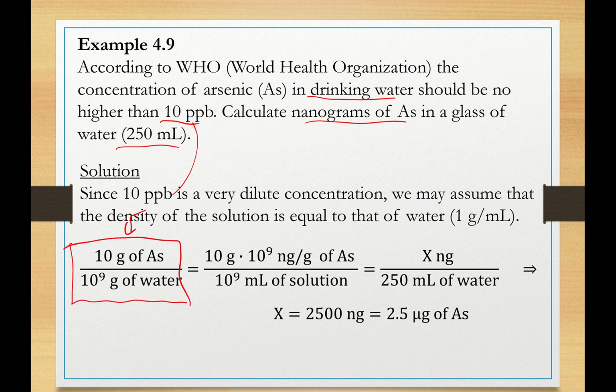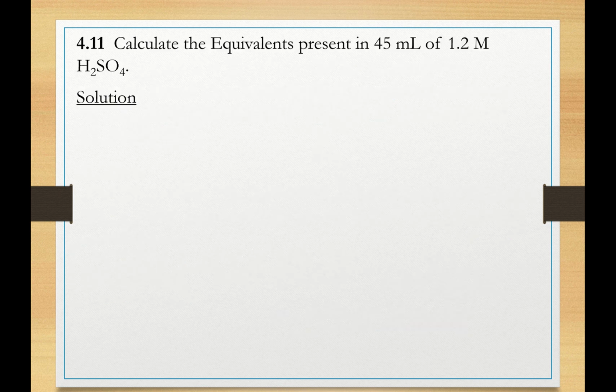And now because I want to calculate the nanograms, I'm going to have to convert my numerator into nanograms. So 10 grams times 10 to the 9 nanograms per gram of arsenic over 10 to the 9 ml of solution. The density here is 1 because it's so dilute. A glass of water is 250 ml. So in 250 ml, how much arsenic do I have? Cross multiply and you get your answer as 2.5 micrograms of arsenic.